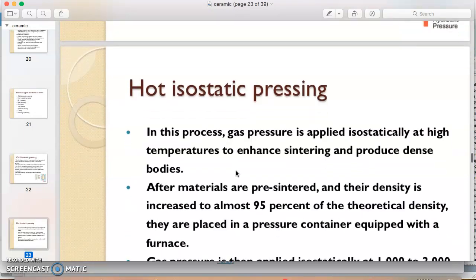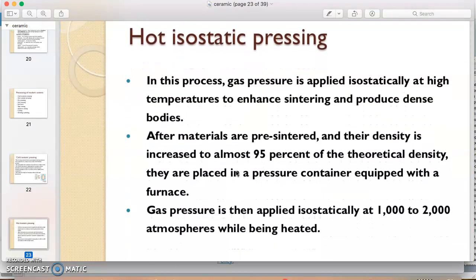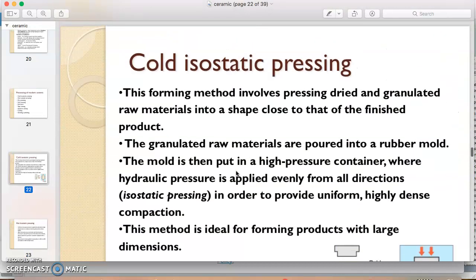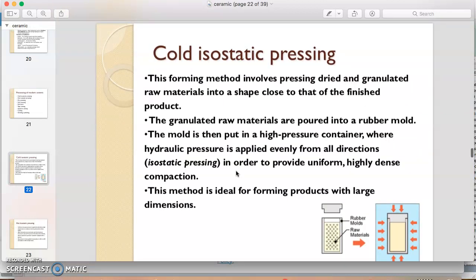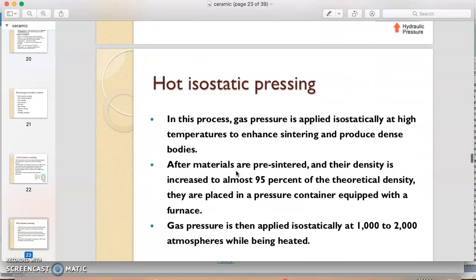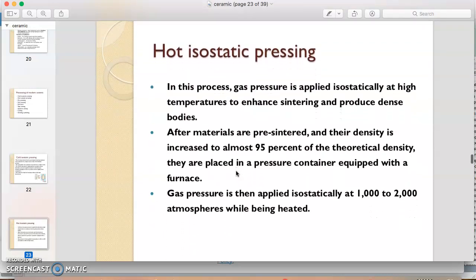Okay, for the hot isostatic pressing, the process is the same as the cold isostatic pressing. The difference is the environment of the pressing process. For the hot isostatic process, gas pressure is applied isostatically at high temperature.